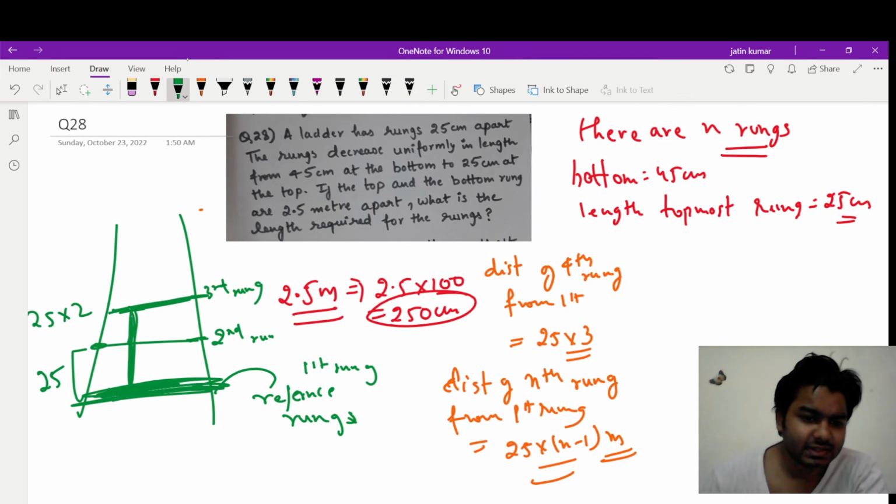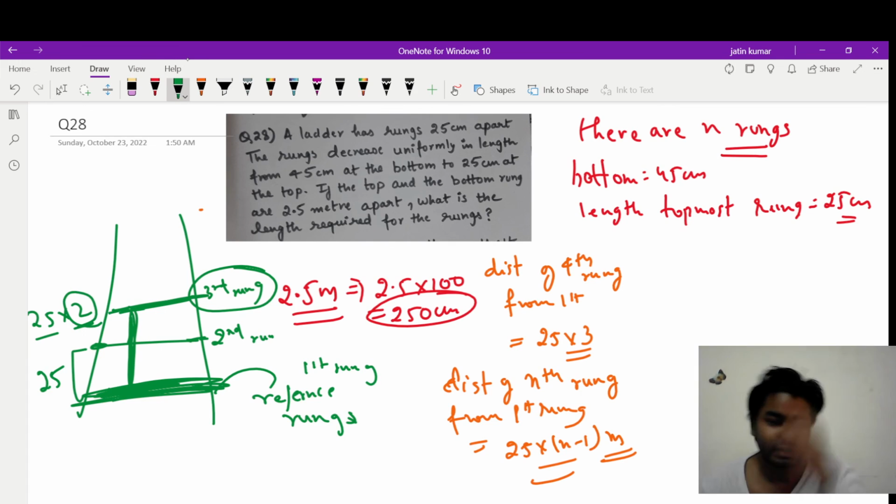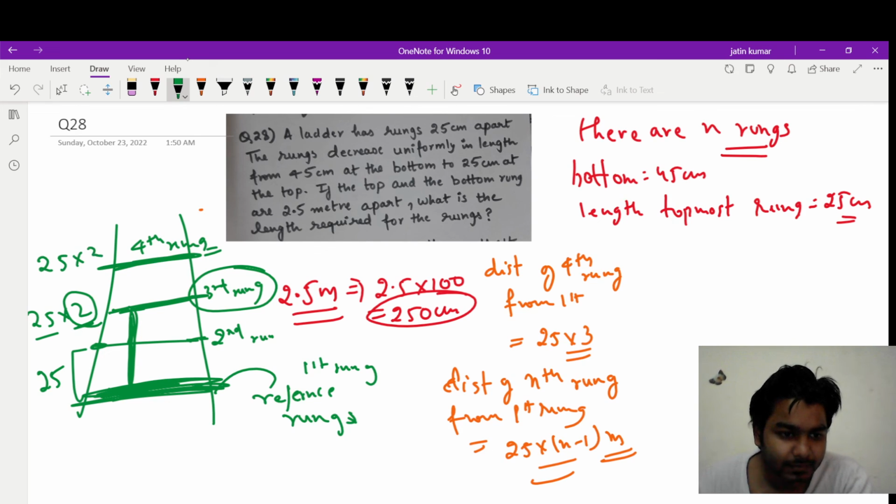Yes. So you see it is the third rung, but I am multiplying 25 into 2, because the distance is 50. And for calculating the distance of the fourth rung from the first rung, can I say 25 into 3, right? I am multiplying with 3, because the overall distance is 75, since the distance between two consecutive rungs is 25.